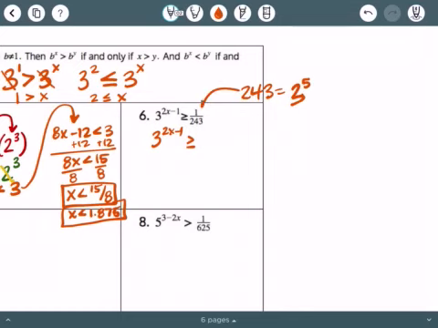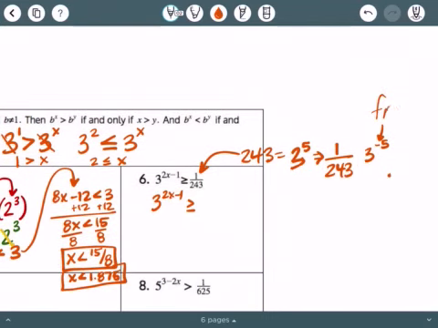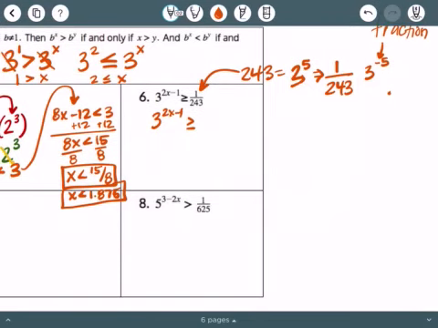But I see that it's a fraction. In order to make a fraction, I would need to say that it would be 3 to the negative 5. Anytime we have a negative exponent, it's going to make it a fraction. That's just a side note. So this 1 over 243 is turning into 3 to the negative 5th power.